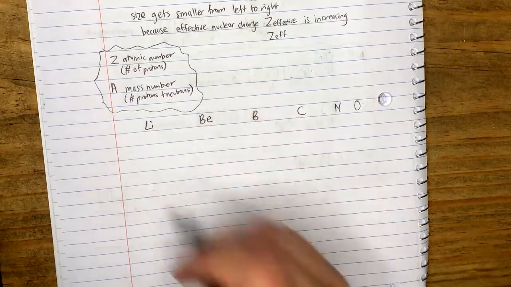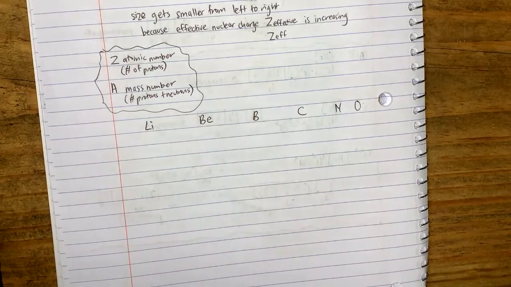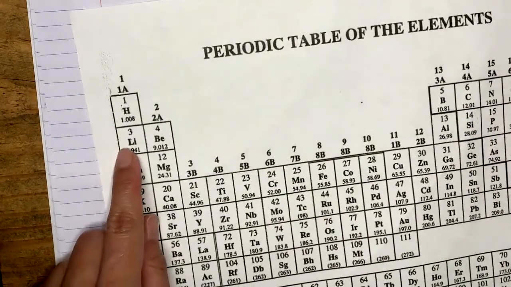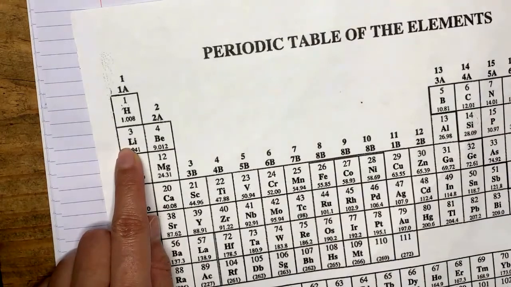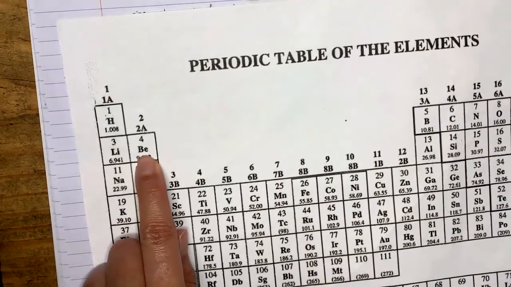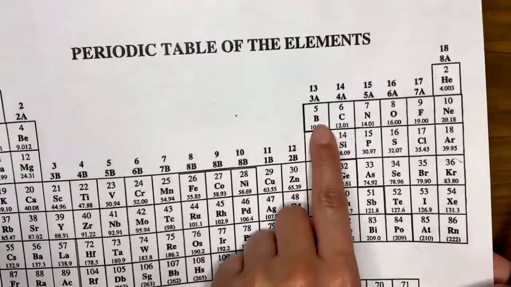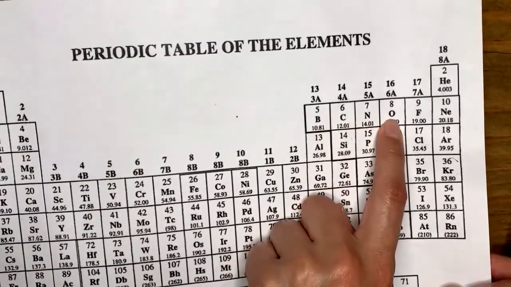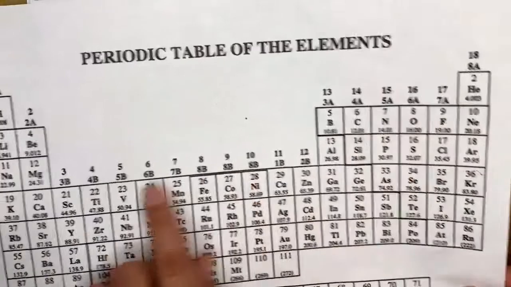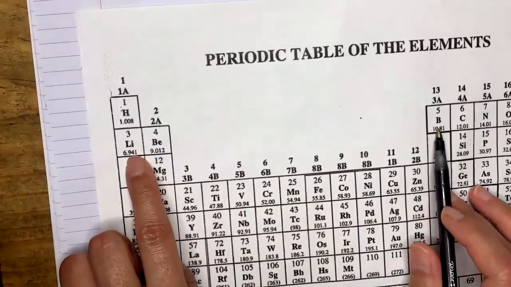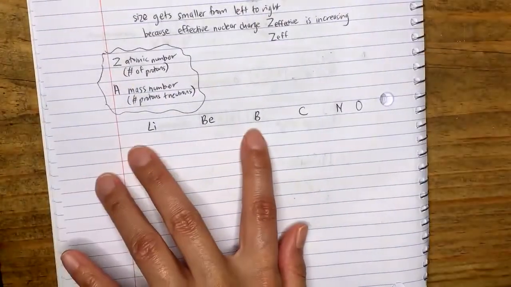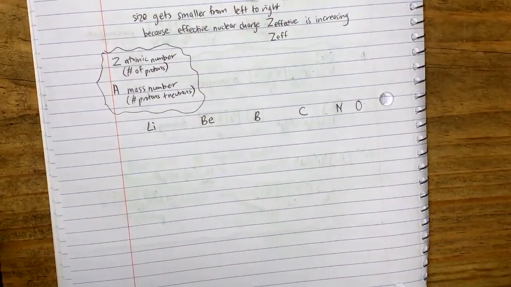Lithium on the periodic table is number 3, has 3 protons and 3 electrons. Beryllium is next, 4 protons, 4 electrons, then 5, 6, 7, 8. You can keep going, but I'm just going to do the first 3, and maybe a 4th one if we feel like it.